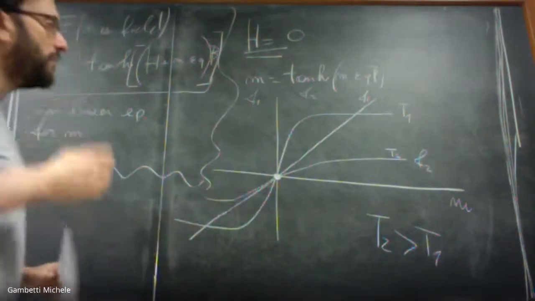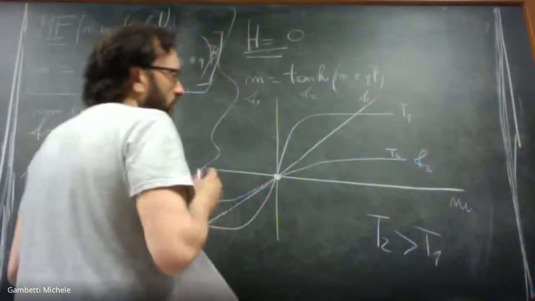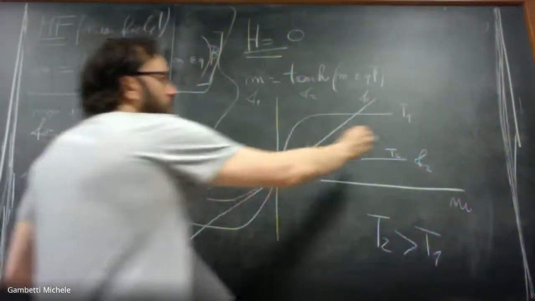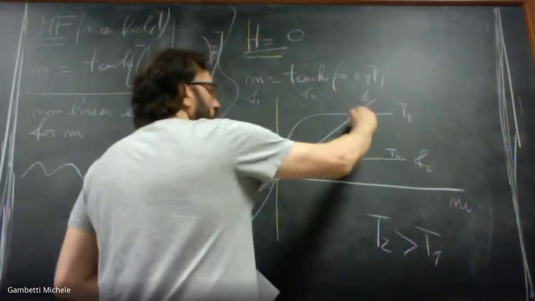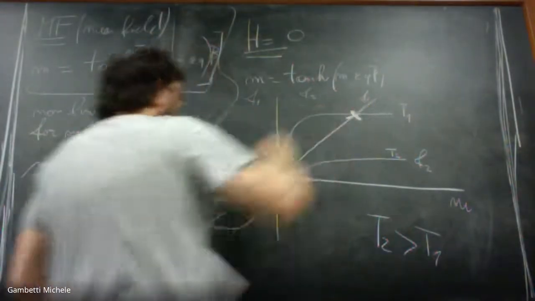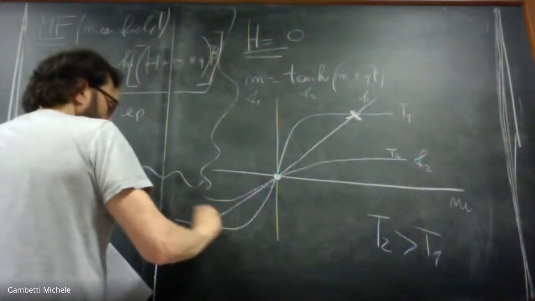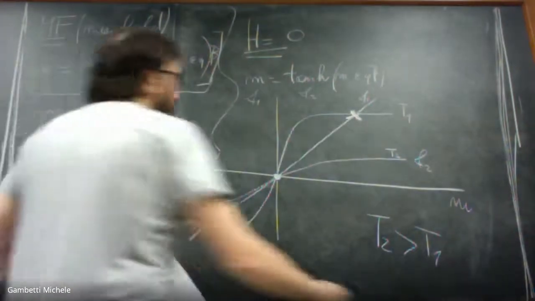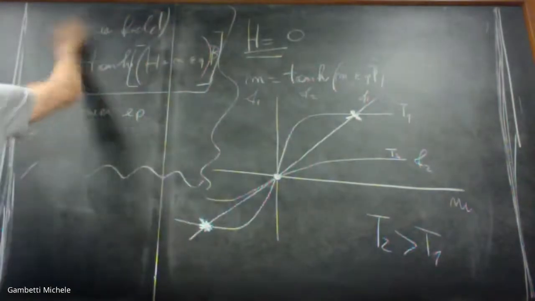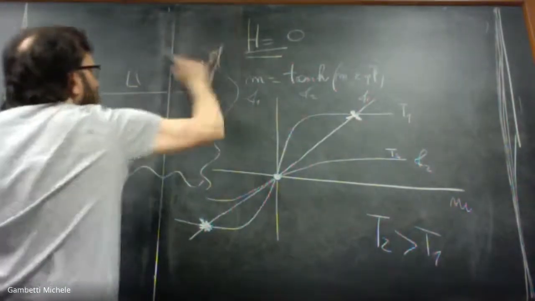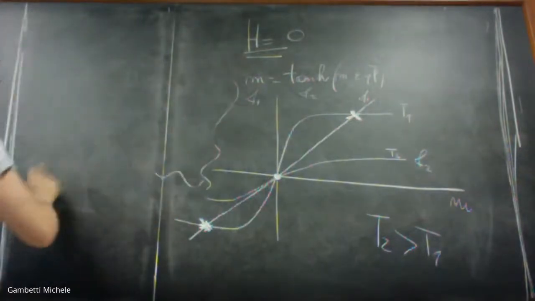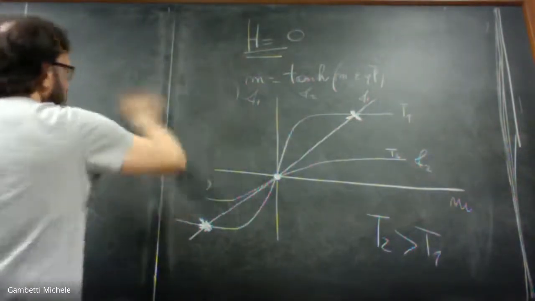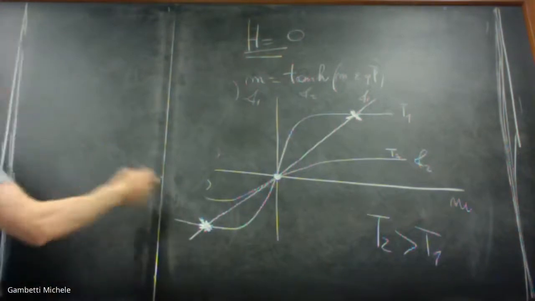But now the most important part, of course, is that when the temperature is small enough, I have two more intersections, here and here. So what happens, due to the nonlinear behavior of this equation, is that depending on the temperature, I could have three solutions.